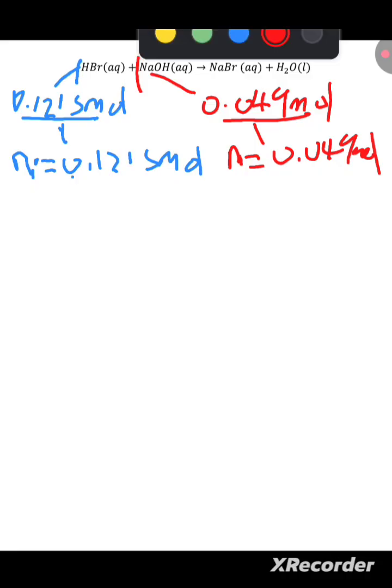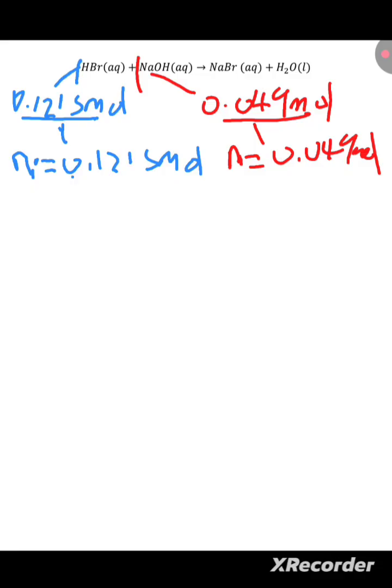So I can see that this number of moles is less compared to this number of moles. Because it is less, this is the limiting reagent.